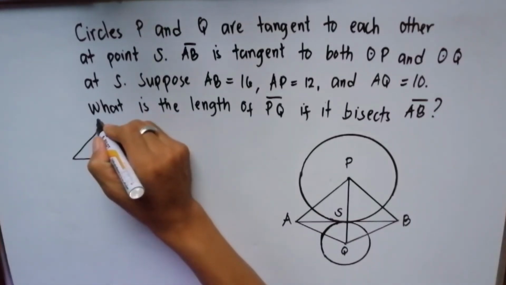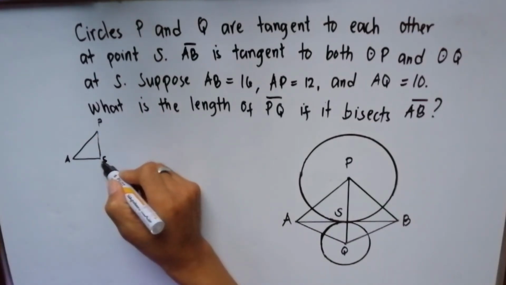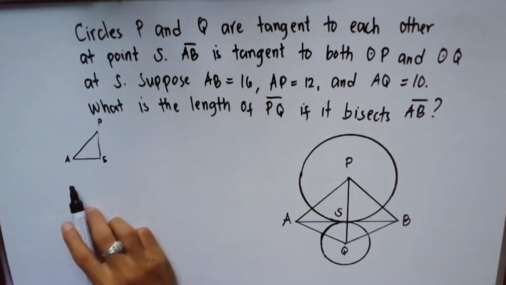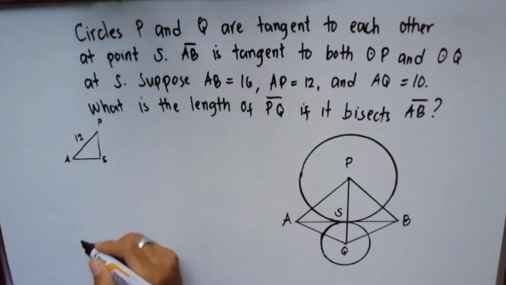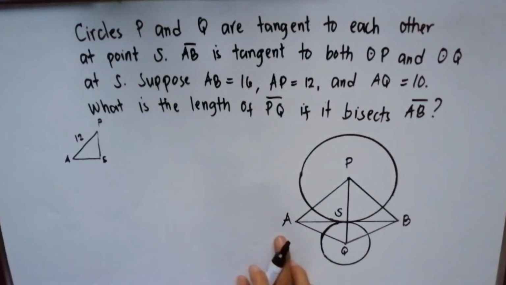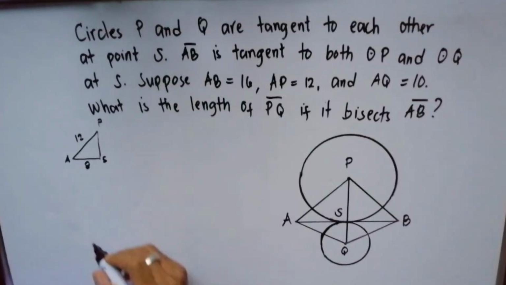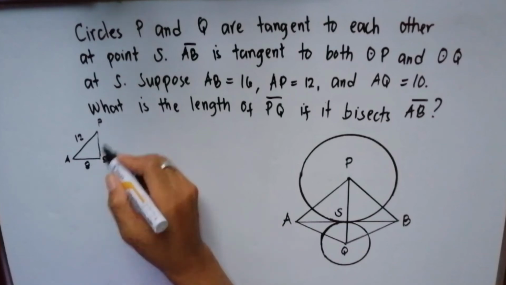So this is P, A, and S. Okay, so we have AP is 12, then AS is 8. So what is PS?